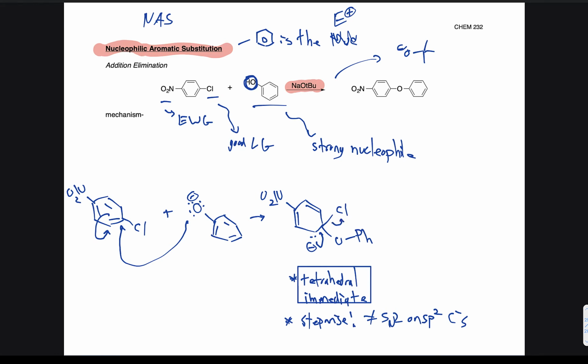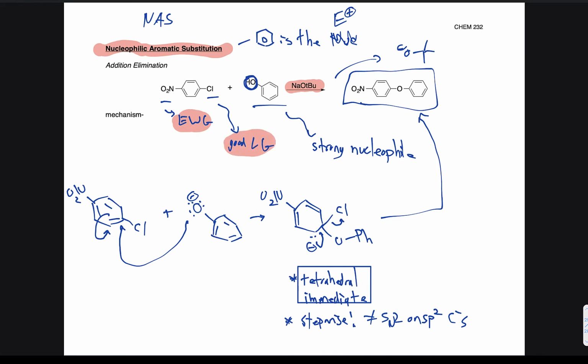Chlorine is a much better leaving group than the O-, which gets us to our aryl ether up here as our product, okay? So the important thing to note for these NAS reactions is they only happen when we have an electron withdrawing group, and when we have a really good leaving group like we have here.